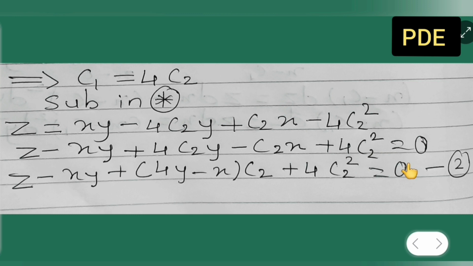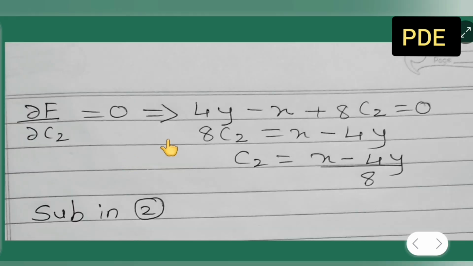I hope this part is also clear. Z minus xy plus, what I have to do is 4y minus x in the bracket, c2. C2 is common in this and this, right? Here also c2 is there, so take it outside. Plus 4c2 square is equal to 0. Write it as it is. Take this equation as equation 2.